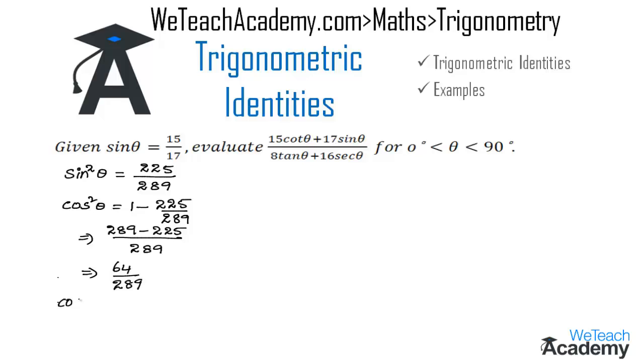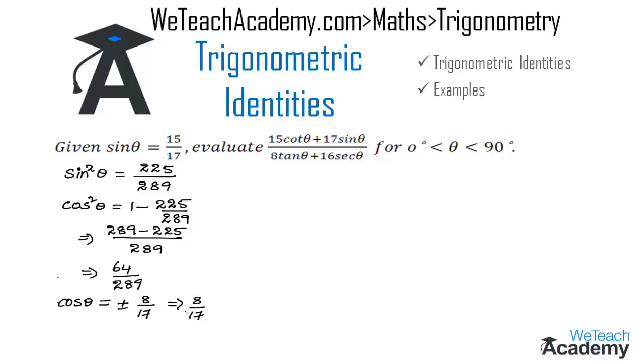That implies cos theta is equal to plus or minus 8 by 17, which is nothing but the square root of 64 and the square root of 289. We are given the information that theta lies between 0 degrees and 90 degrees. So hence we can say that cos theta is equal to 8 by 17.